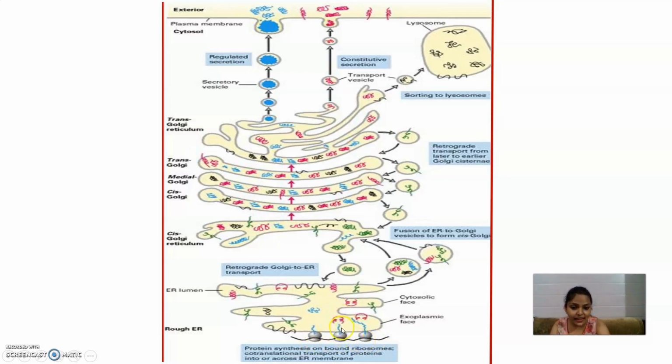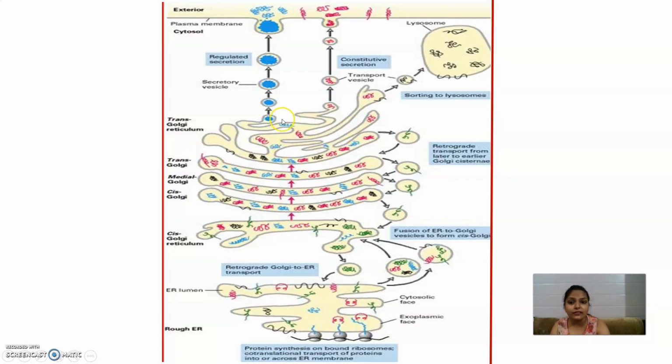The proteins are synthesized, passed into the lumen, undergo folding and modifications, leave the ER as COPII vesicles, and fuse with the cis face of the Golgi apparatus. After that, modification, sorting and targeting of the proteins takes place inside the Golgi.